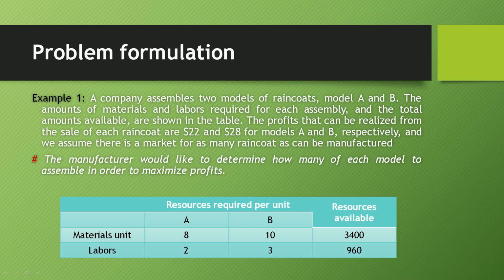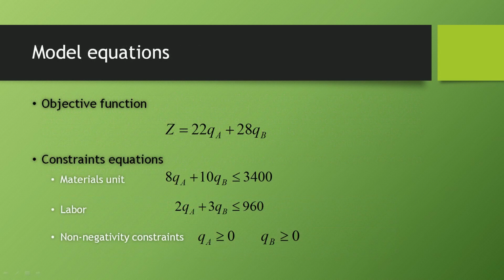We need 8 material units to make a raincoat of model A and 10 material units to make a raincoat of model B, and the resources available are 3400, which is the maximum available. So the constraint equation will be 8QA plus 10QB less than or equal to 3400. Okay, this is the material unit constraint equation.